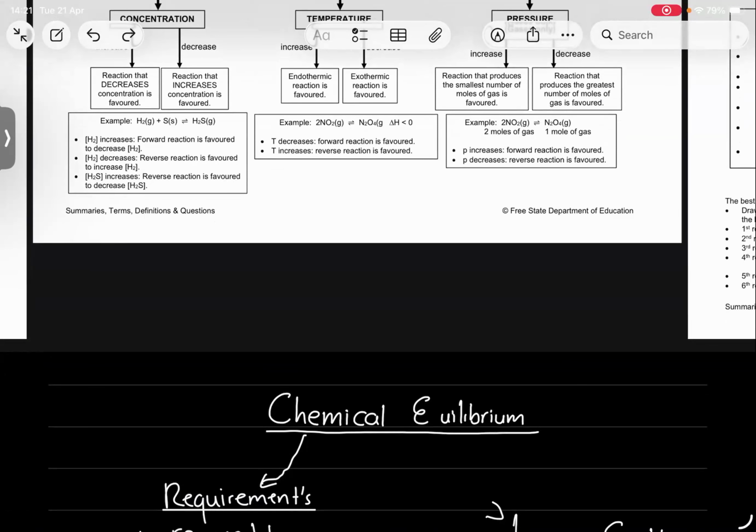You have to know that. For now, it might sound confusing, but when you do the application, you will see how it makes sense. The purpose of chemical equilibrium is to analyze whether the favored reaction is the forward or the reverse reaction. Are we together?